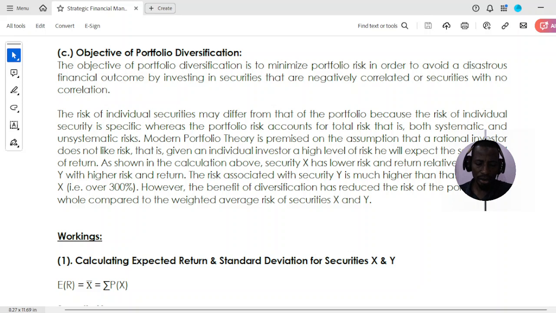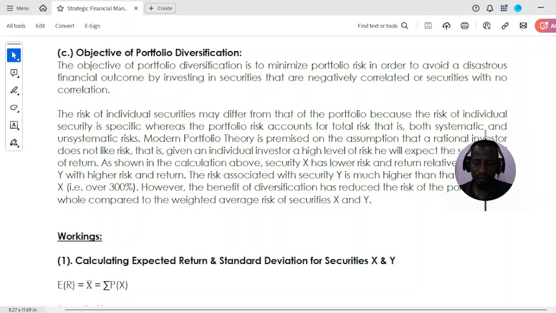And the return of security X is also lower than the return of security Y. So the risk associated with security Y is higher than that of security X.